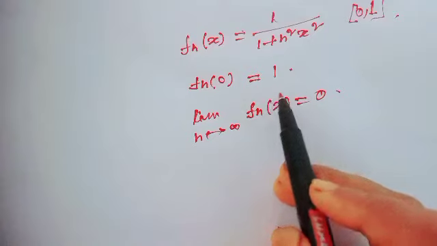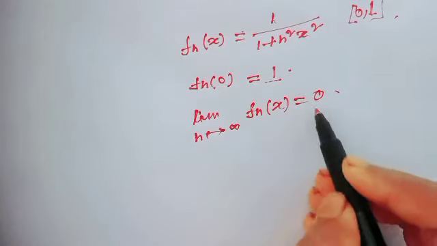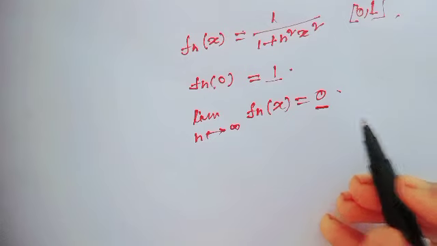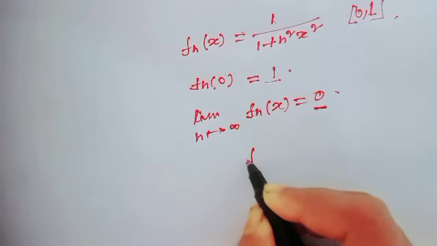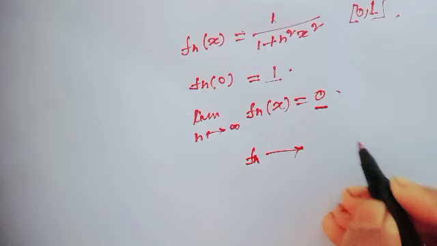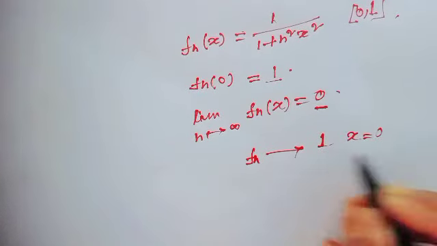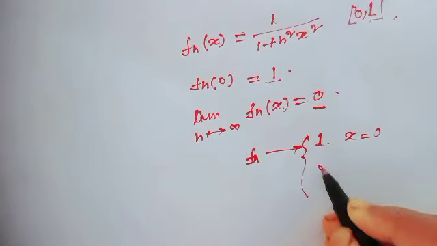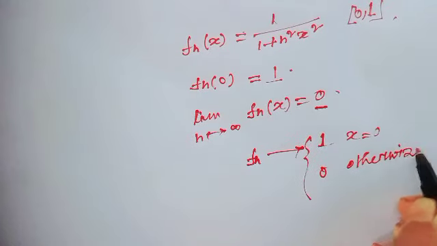Notice fn(0) equals 1 and limit n tends to infinity fn(x) equals 0. That means the sequence of functions pointwise converges to 1 when x equals 0, and otherwise the value is 0.